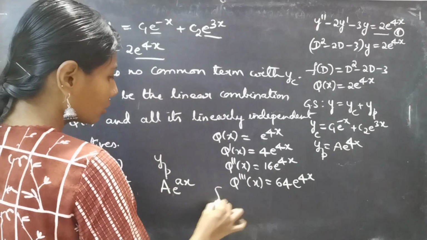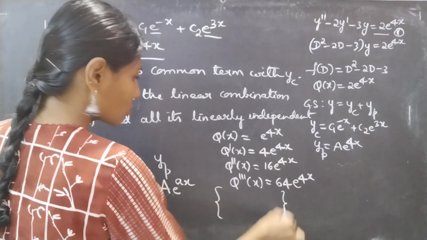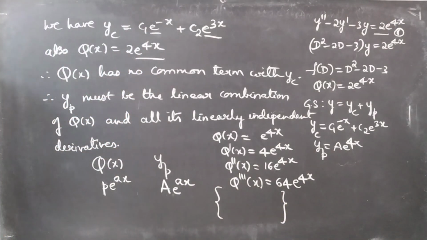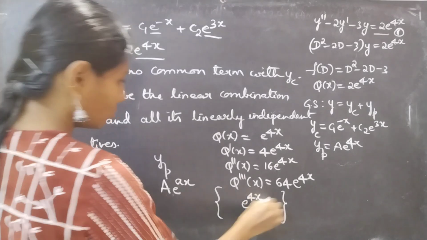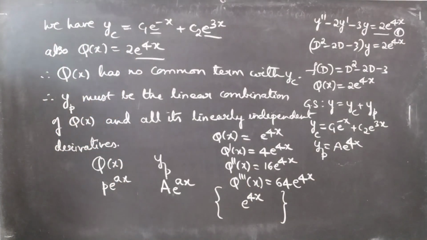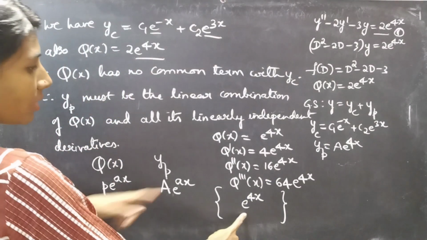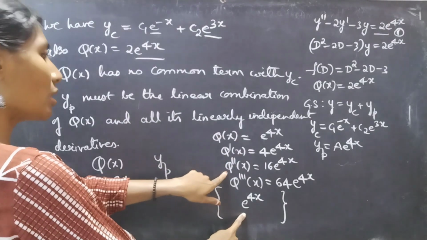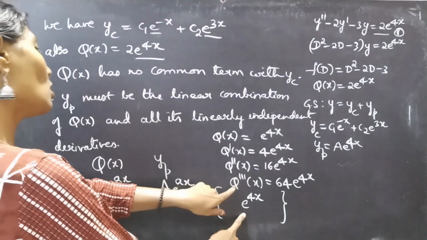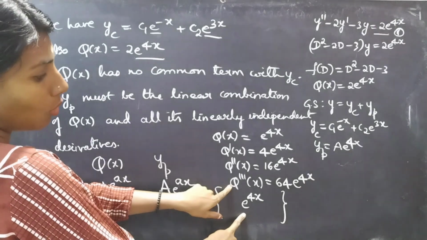Now, I'll write the functions of x or the terms of q of x and all its derivatives in a set form, which is e power 4x. See, q of x has e power 4x, q dash of x has e power 4x, q double dash of x has e power 4x, q triple dash of x has e power 4x.